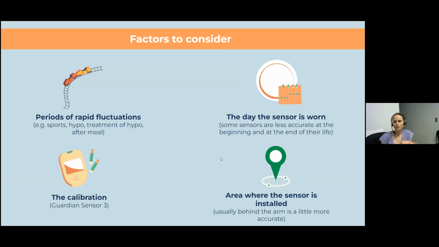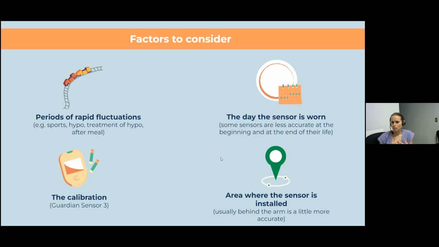So when your blood sugar is changing very rapidly, it could be during sports, exercise, when it's going low very rapidly, so during a hypoglycemic event, and even after a hypoglycemic event, when you treat a hypoglycemic event, or after a meal. These are periods where the margin of error between the measurement of a capillary blood glucose value compared to the CGM value will be greater.